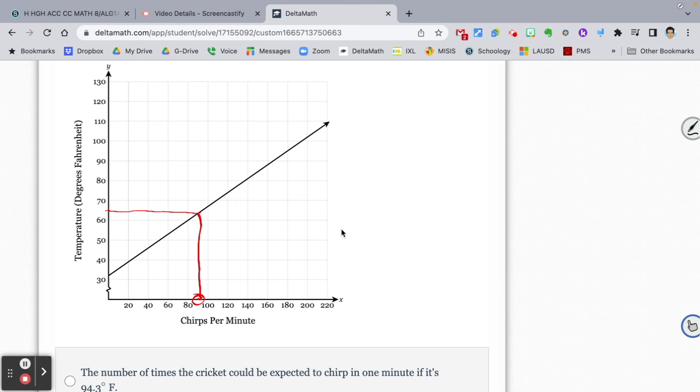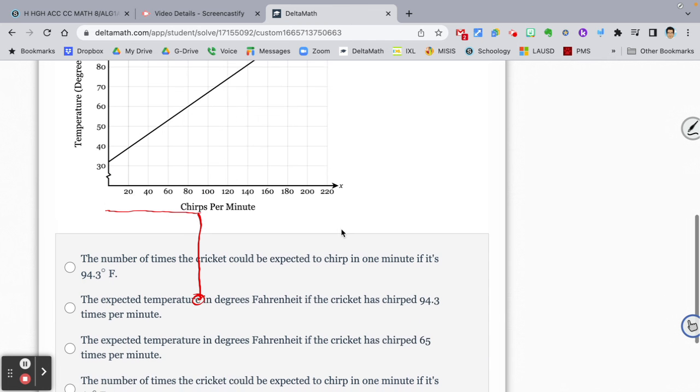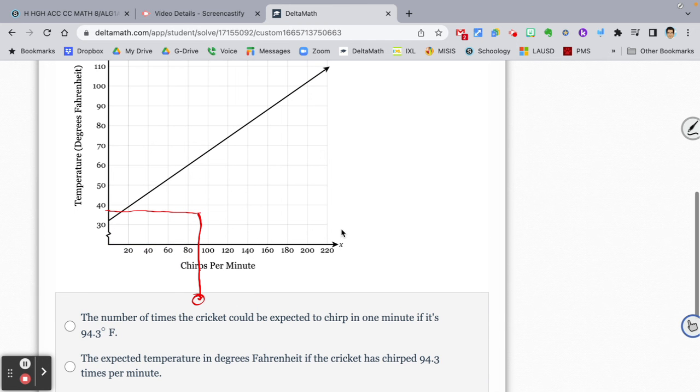When it's 65 degrees, how many times would it chirp? Between 80 and 100, say 90-ish. All right, let's see what we get.